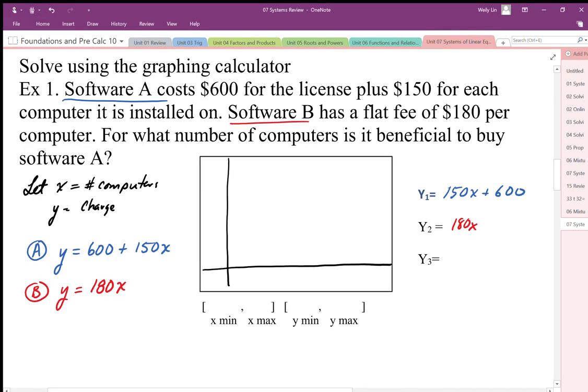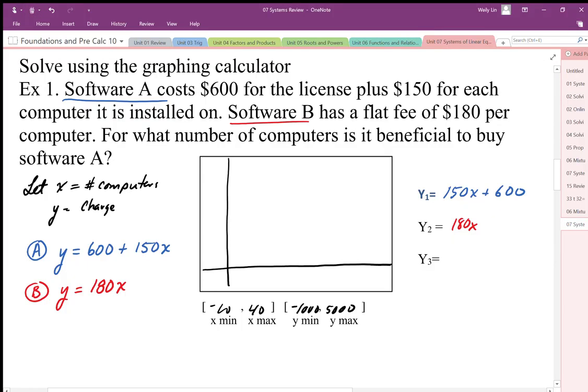Okay, so I'm going to graph this, let's make maybe negative 10 to 40, and negative 1,000 to 5,000. You may need to play around with this, but I kind of know how many computers we're talking about and how much money, so I was able to figure that out beforehand.